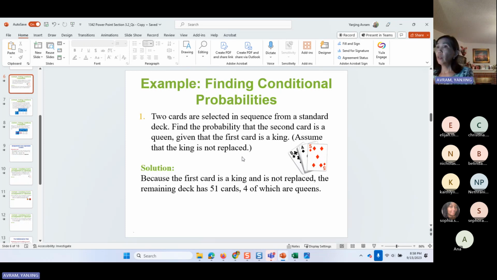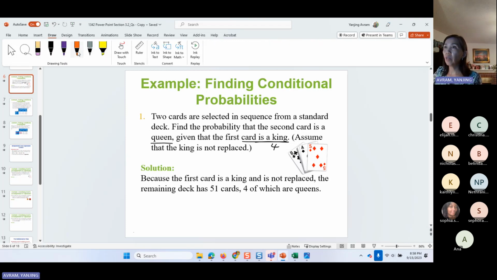So this is called conditional probability. Given the first card is a king, how many kings are there? We have 4 kings. And how many queens are there? We also have 4 queens.